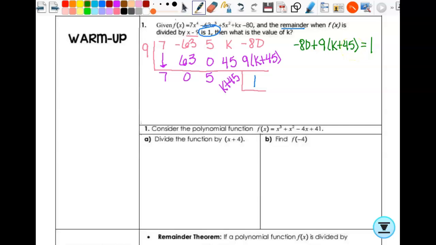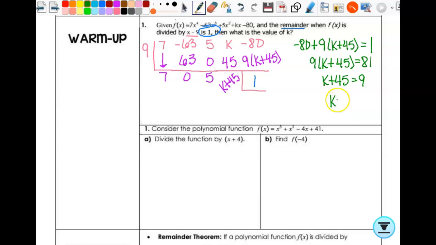So I'm going to start by moving 80. I'm going to add 80 to both sides. So I have 9 times k plus 45 equals 81. Now, do I have to distribute this 9? No. And since I don't have to, I don't want to, because I don't want to do 9 times 45, right? So instead, I can divide. So I get k plus 45 equals 9.